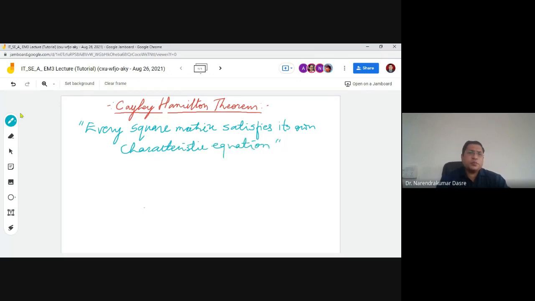This is the statement of the Cayley-Hamilton theorem. It looks very easy, and it is very easy. Every square matrix satisfies its own characteristic equation.